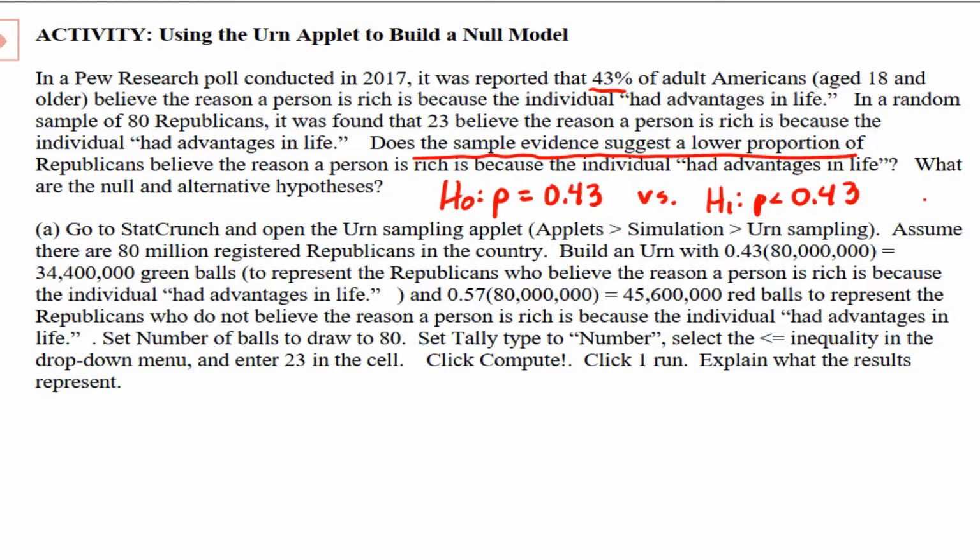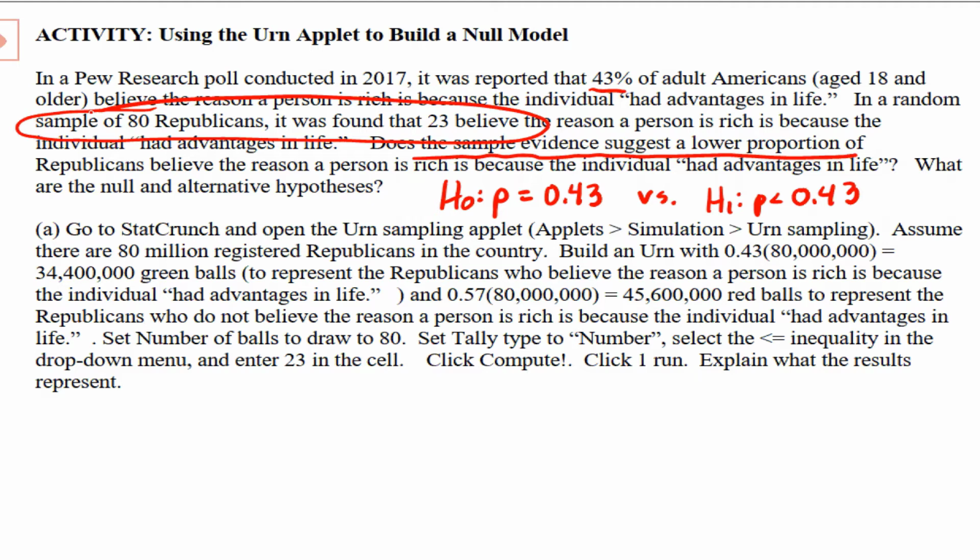Now what we're going to have to do is test this using simulation. We're going to see how likely it is to observe results such as 23 out of 80 or fewer saying a person is rich because they had advantages in life under the assumption the true proportion is 0.43. We could, just so you know, use a coin to do this.